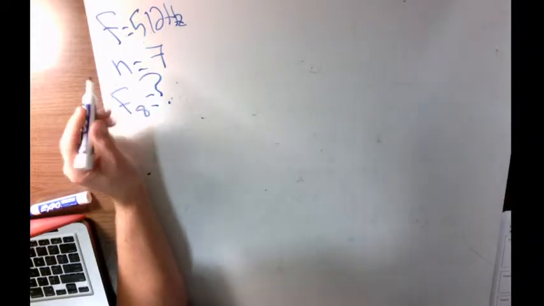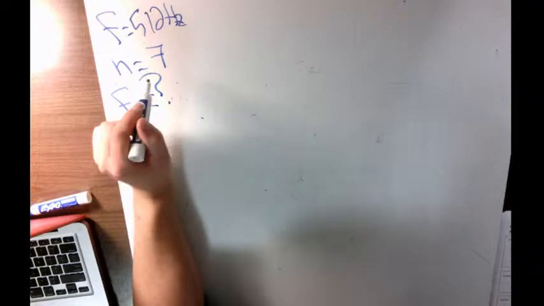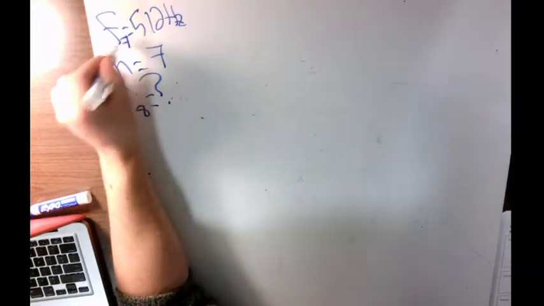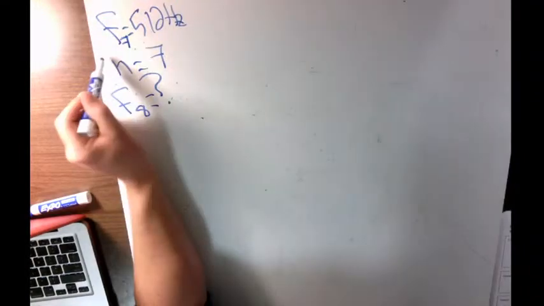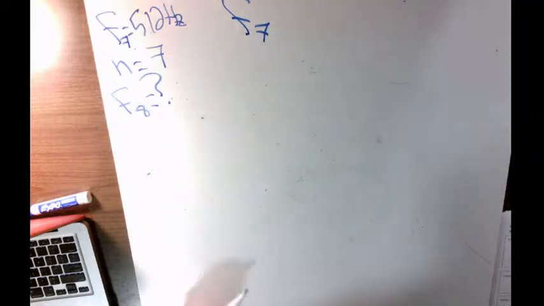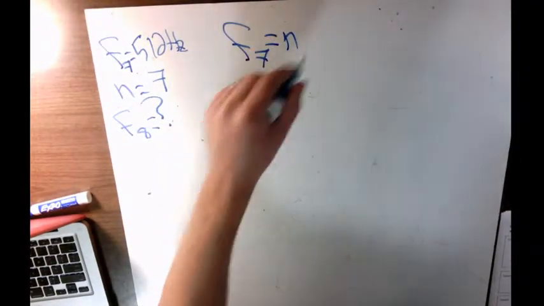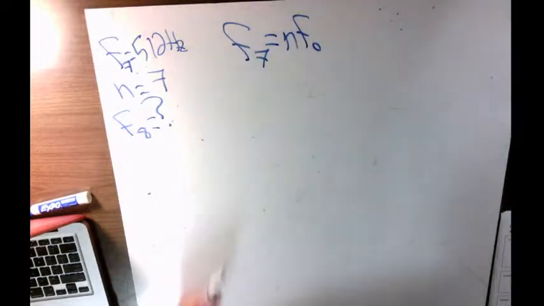So we're looking for our fundamental frequency. This is actually our frequency of our source in the 7th harmonic. That's our F7, where the frequency of the source in the 7th harmonic is equal to our harmonic number times our fundamental frequency.